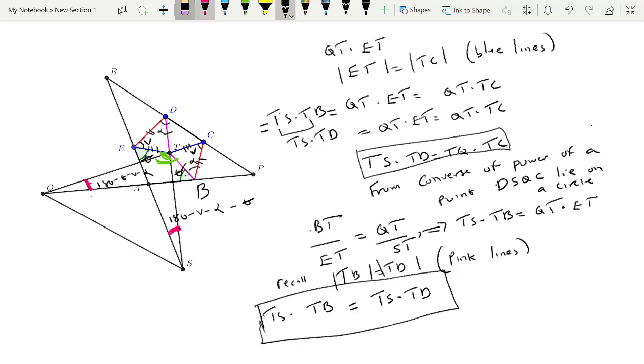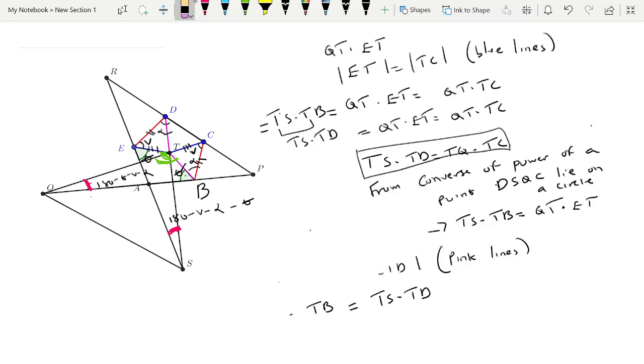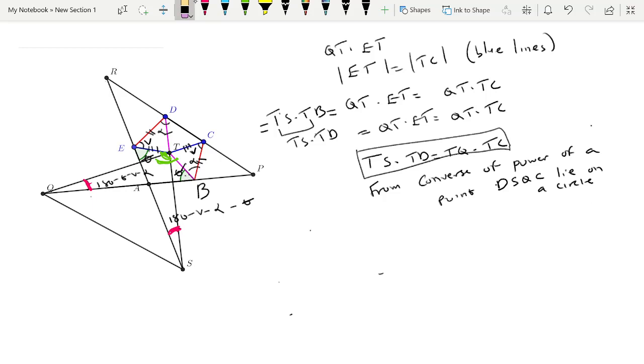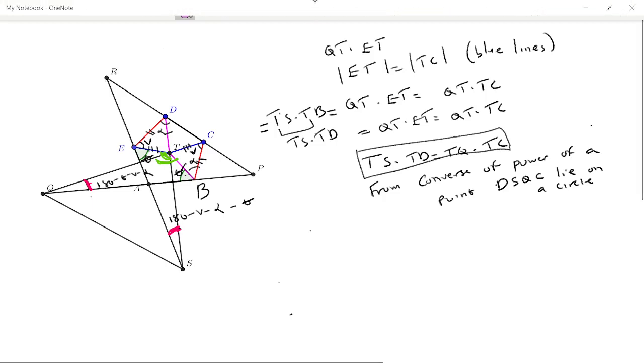That's what this ratio implies. So now we have one circle. Things are actually cool. At this point, you might start a mini celebration. So far, so good. We know that DSQC lie on a circle.